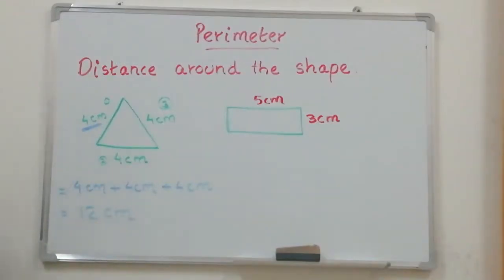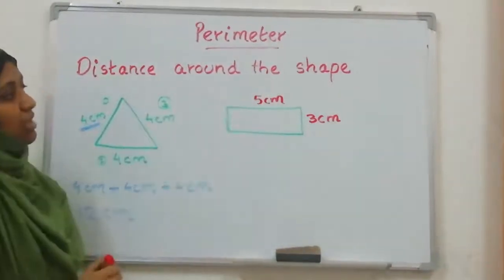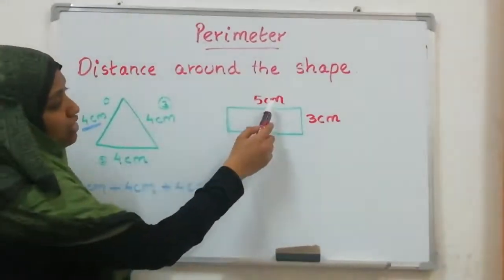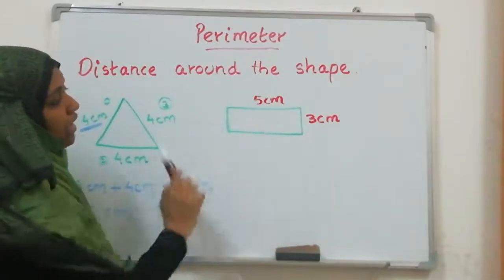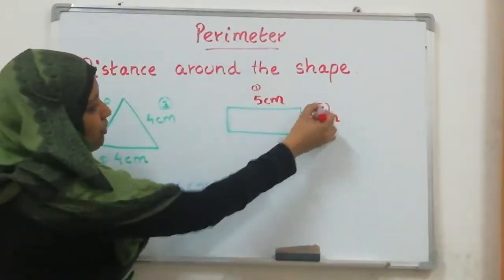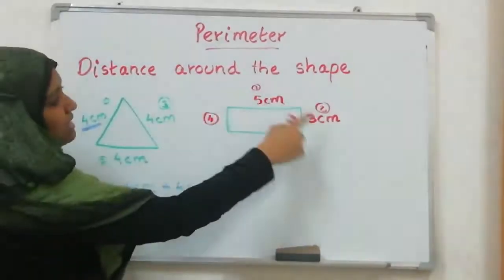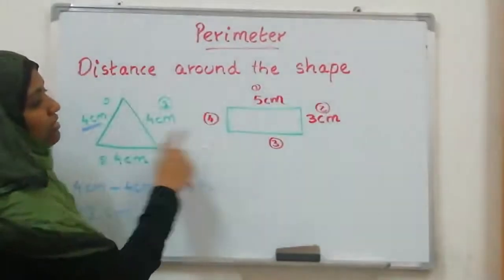We are just adding all the sides. Here it is given just 2 sides. In a rectangle, how many sides do we have? 1, 2, 3 and 4. But 2 sides are given. How do I find the other 2 sides?